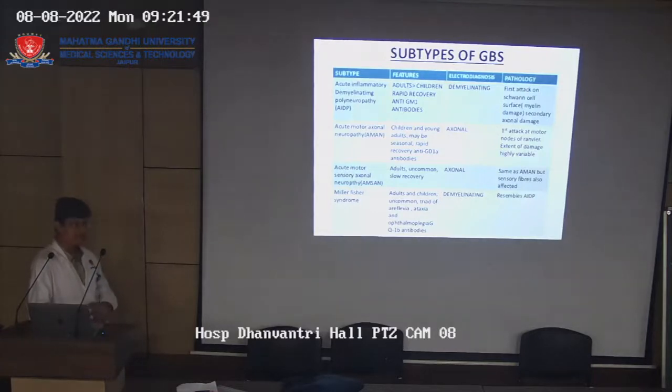And there is a syndrome related to GBS which is known as Miller-Fisher syndrome. This Miller-Fisher syndrome is a triad of ophthalmoplegia, ataxia and areflexia. So it is a type of GBS in which the patient will have ophthalmoplegia, areflexia as well as ataxia, and it is usually seen in adults and children. It is uncommon, and the antibodies are directed against GQ1b.